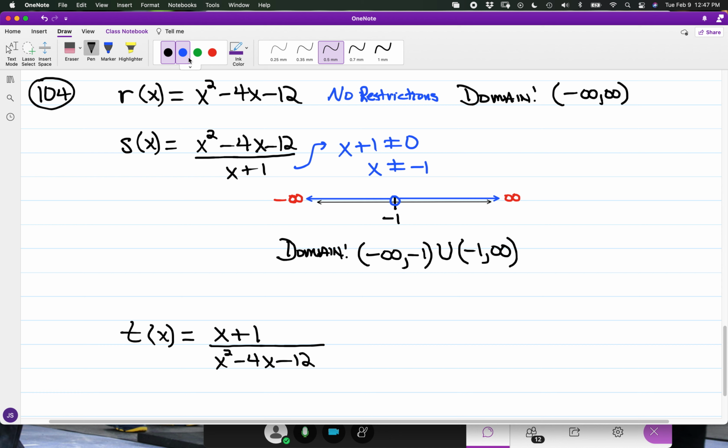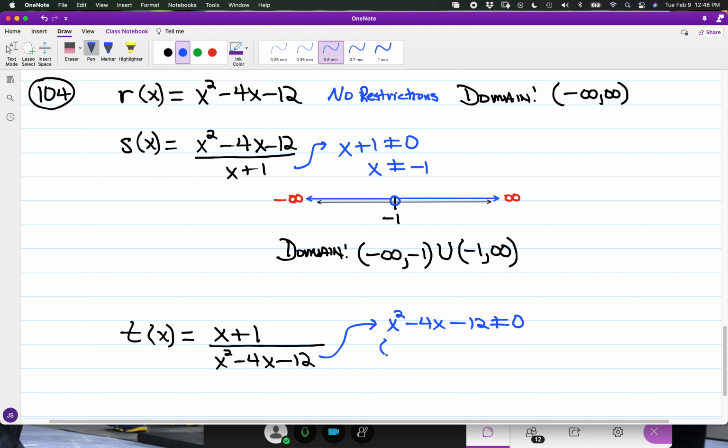In terms of finding what will be restricted, because it is in the denominator and not the numerator, this time x squared minus 4x minus 12 is disallowed from being equal to 0.